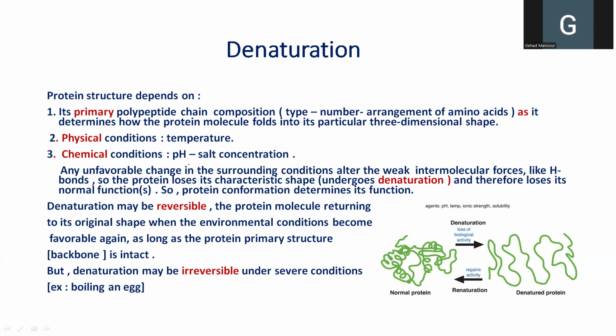So what does protein structure depend on? On the primary polypeptide chain. Why is the primary structure a major determinant in protein structure? Because it determines the number of amino acids, their arrangement, and their type, and therefore the type of bonds that will be formed between them.